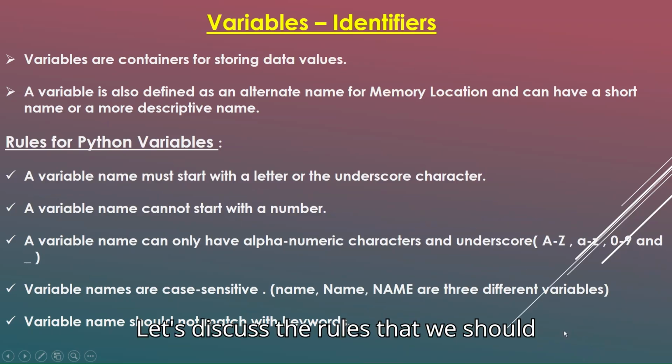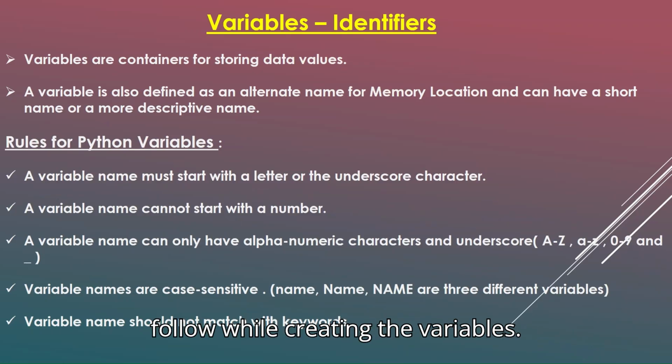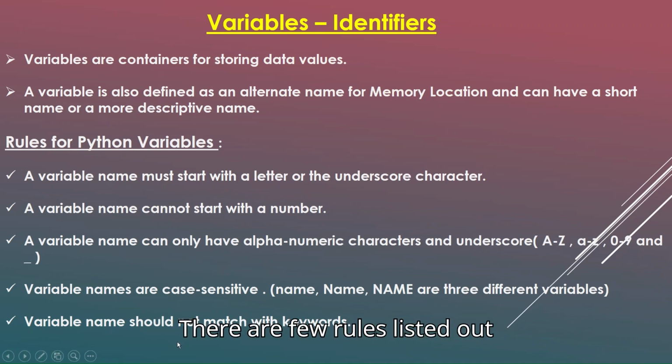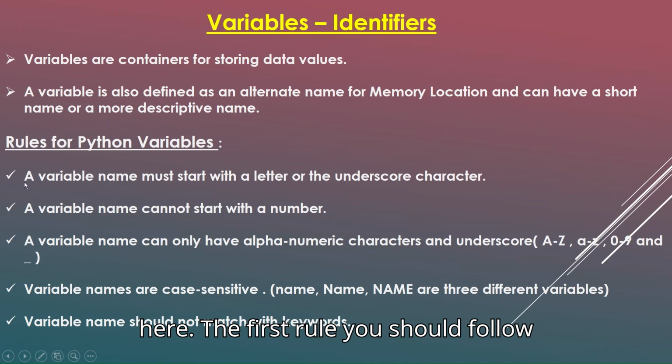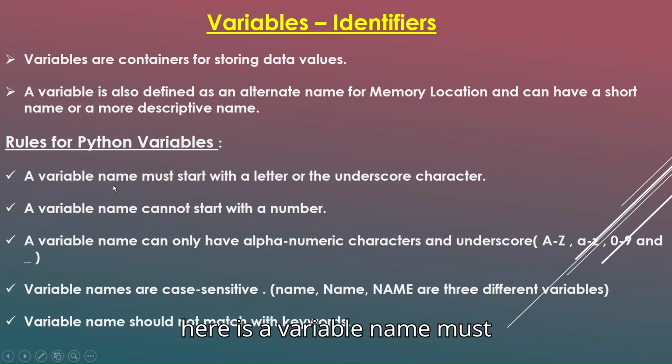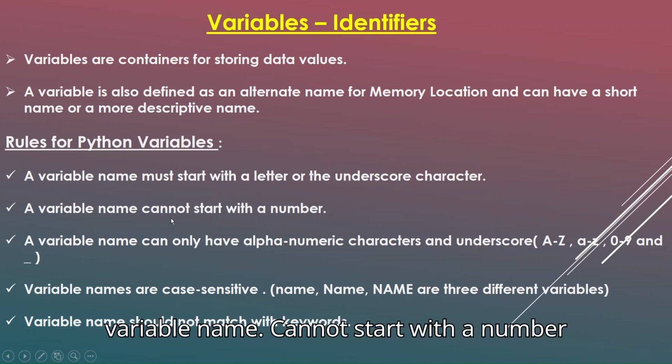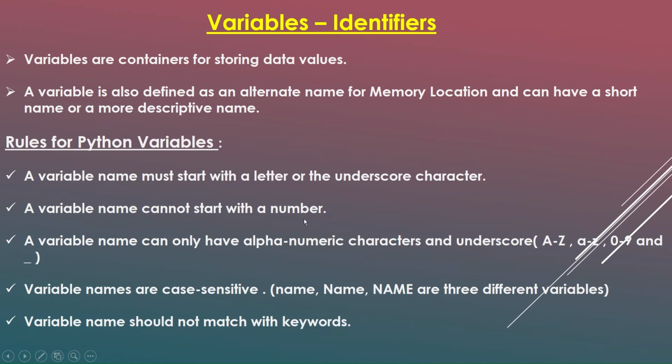Let's discuss the rules that we should follow while creating the variables. There are a few rules listed here. The first rule you should follow is a variable name must start with a letter or the underscore character. The second rule is a variable name cannot start with a number.